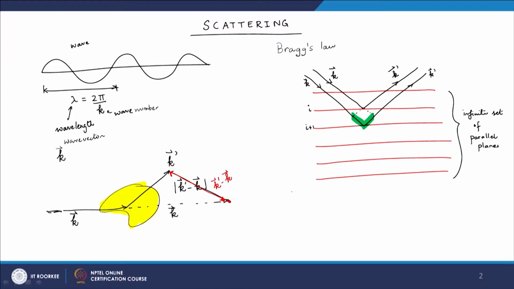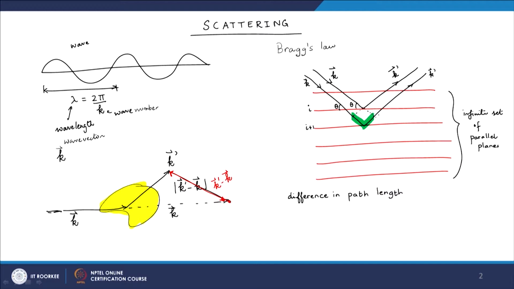And this is what I will refer to as the difference in the path length. So, this may be coming at an angle theta, and then it of course leaves.